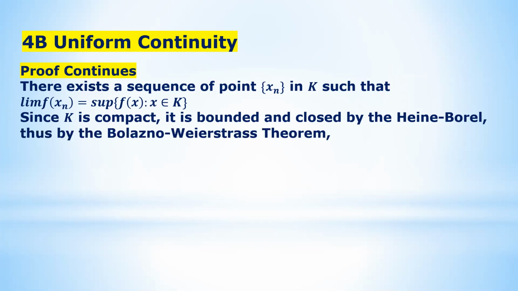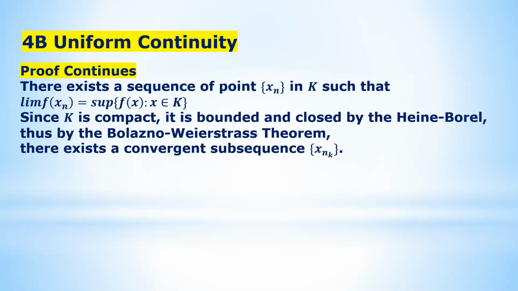First, think about K being a bounded set. For any bounded set, I can always apply the BW theorem from before. This BW theorem says that since K is bounded, any sequence is bounded, so there must be a converging subsequence xnk. This follows from the fact that K is bounded; I haven't used the fact that K is closed yet.